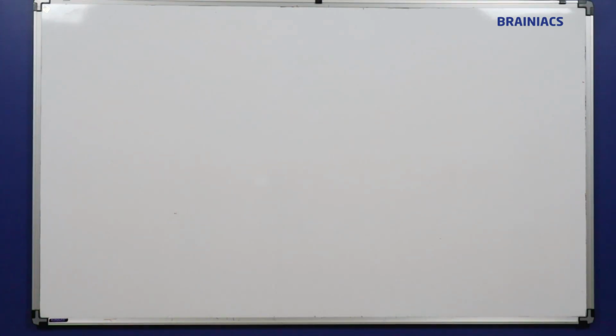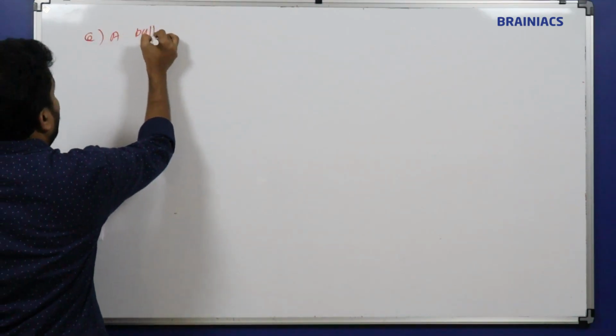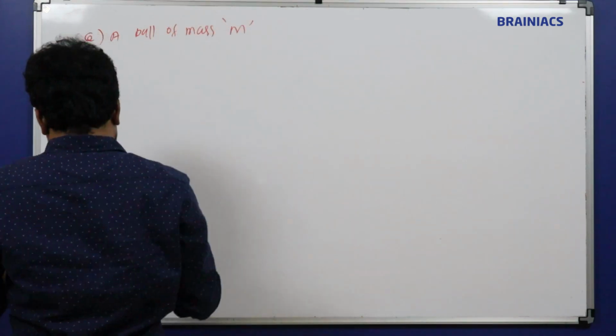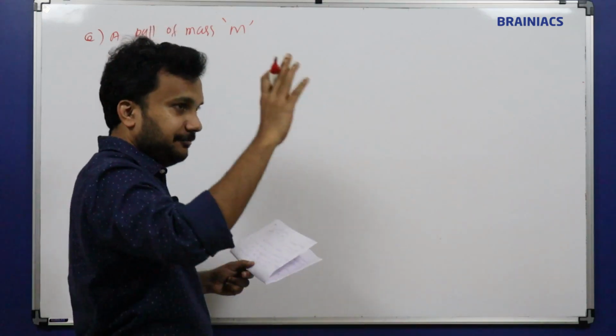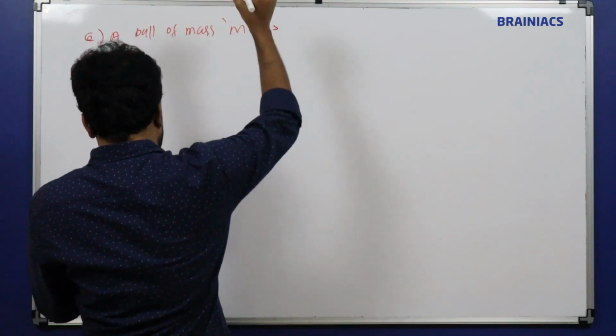Okay, let's write the next beautiful question. A ball of mass m. All these questions and answers given, everything should be in your notebook, otherwise you will never qualify NEET or JEE.